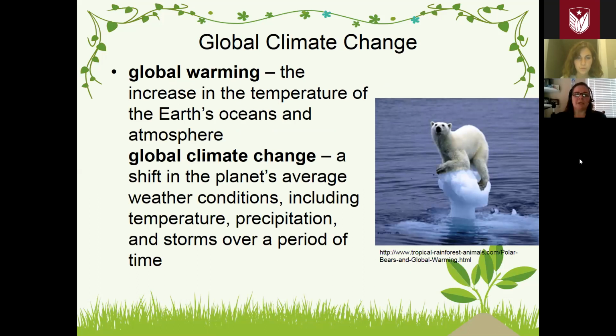And global climate change includes global warming, but also talks about the change in weather conditions, such as the number of storms, the intensity of storms, the location of precipitation, changes in temperature. Even if we have the same amount of rainfall over the whole Earth coming down, it might be shifted to different parts of the planet that we haven't seen before.